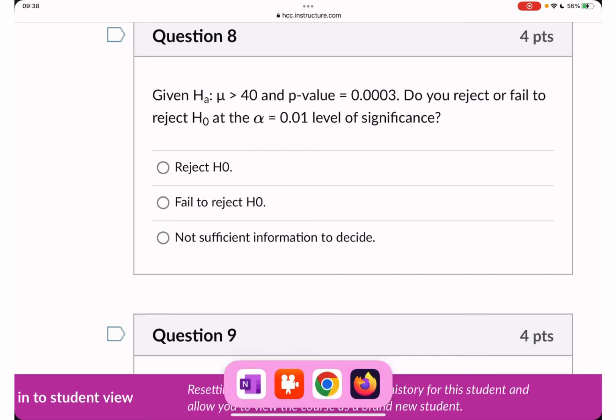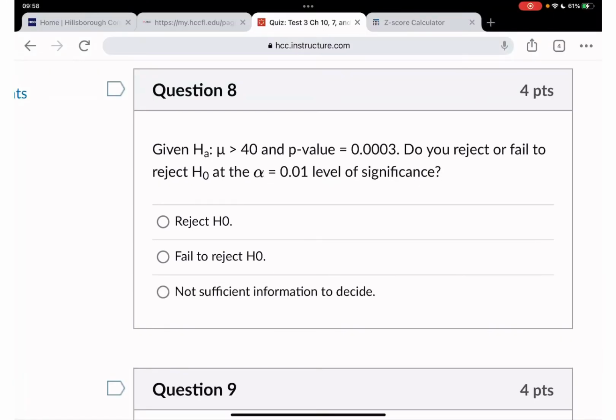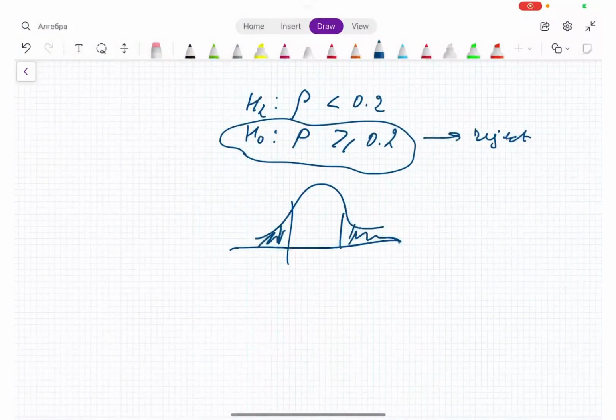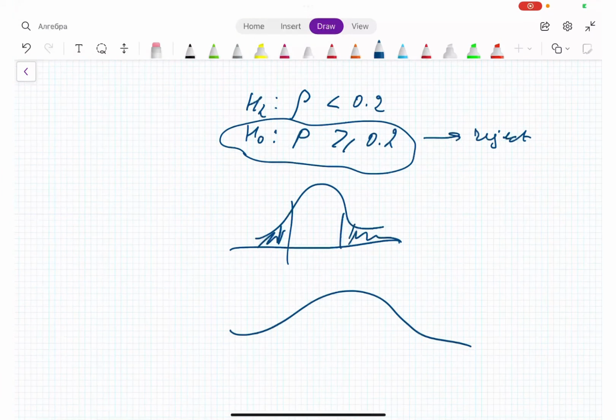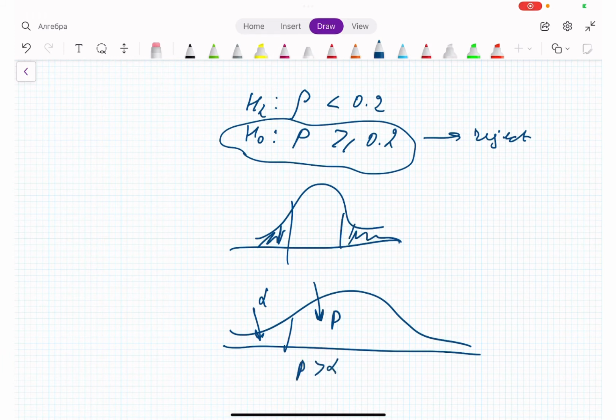Why? Let me show you here. If we have a left tail, this is our alpha. If my p-value falls here, which means greater, then we fail to reject. If my p-value falls within where alpha is, then we reject it.